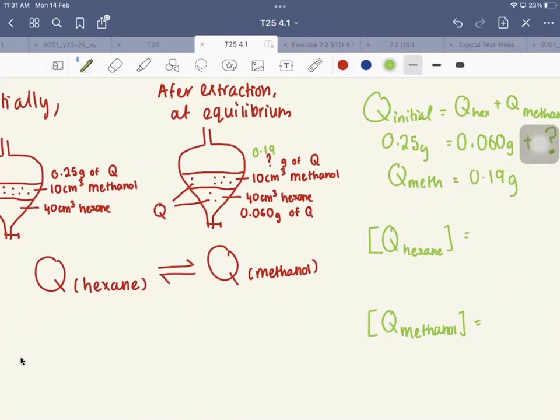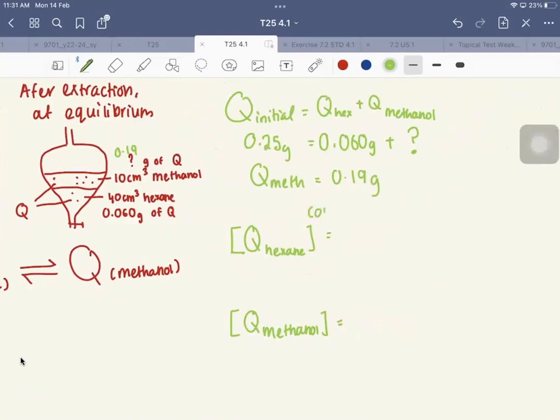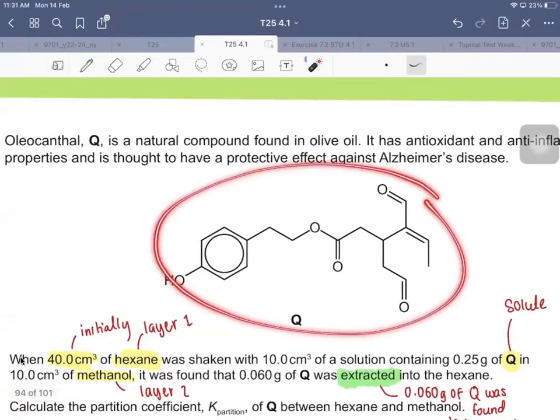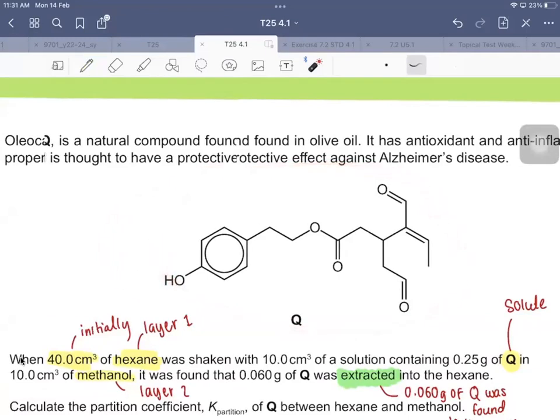So conversion is not necessary here, okay? So you can always use the concentration to be mass over volume. If you want to convert your mass to moles, you can, but that's just an additional step. Imagine turning your mass into mole and taking into account the Mr of Q, which is just a waste of time.